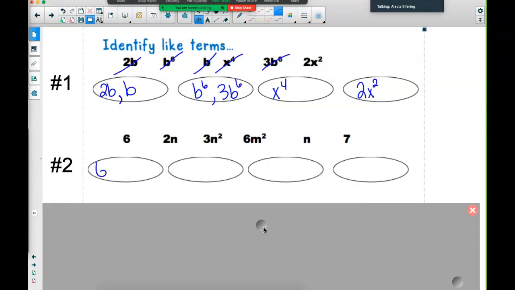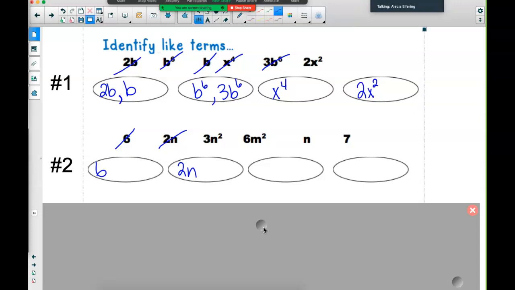Start by putting a 6 in the first circle. Cross it off. Can the 2n go with the 6? No. So it gets its own circle. How about 3n squared? It gets its own, right?